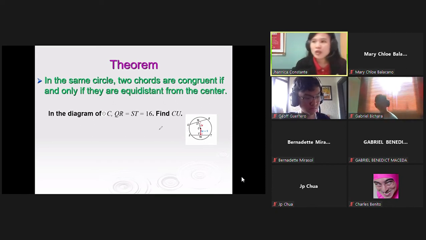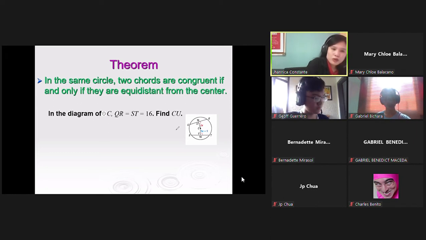The question here: in the diagram of circle C, chord QR is equal to the chord ST that has a measurement equal to 16. Find the measurement of the line segment CU or UC.